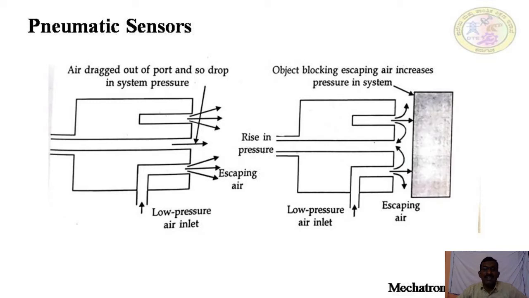As the object is very close to the freely escaping air port, the air pressure rises at the sensor output port. So by measuring the rise in pressure, we come to know the movement of the object.